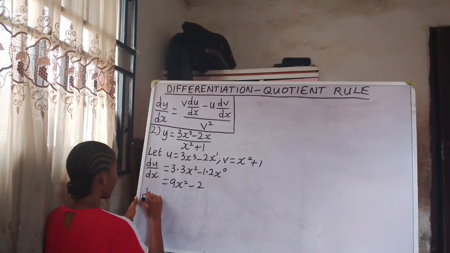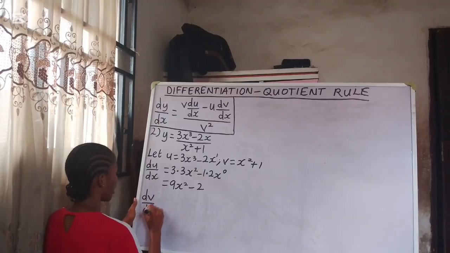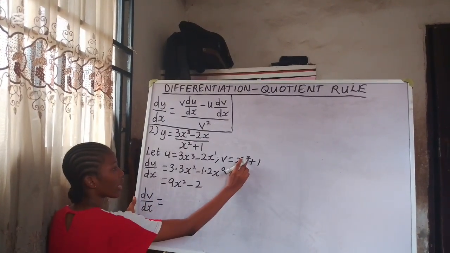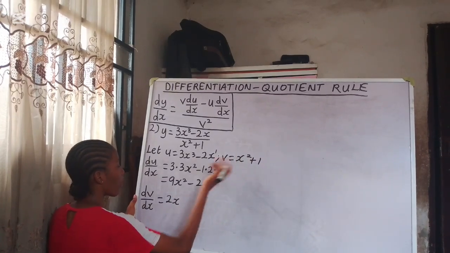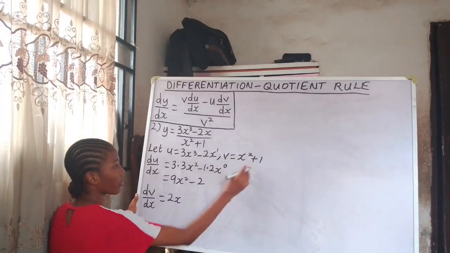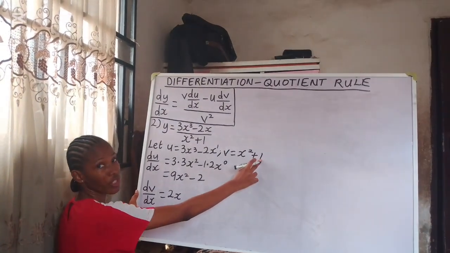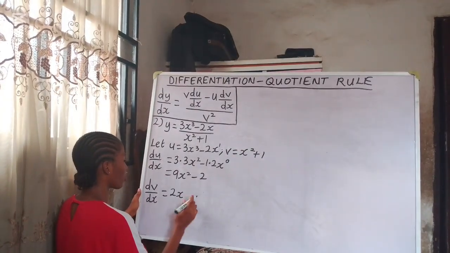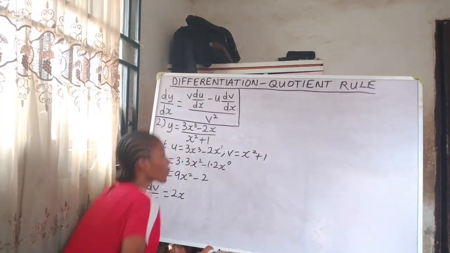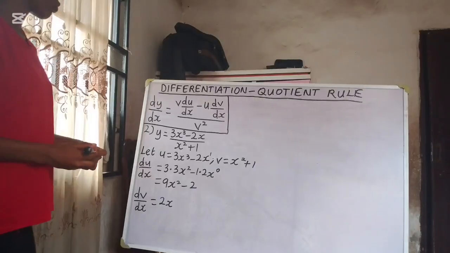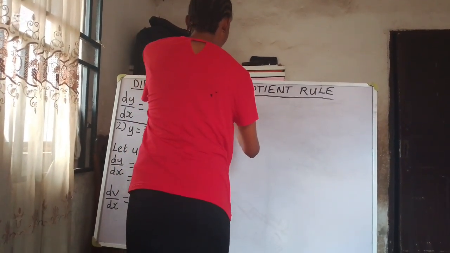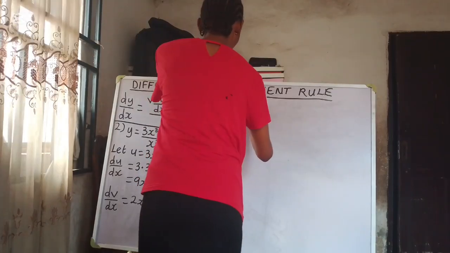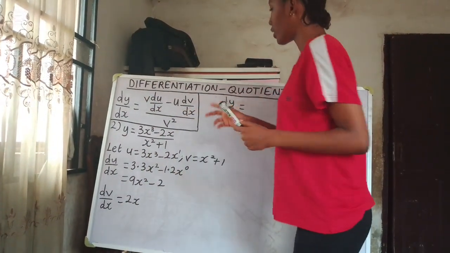Then for our dv by dx, bringing down the power, you have 2x raised to the power of 1, that's just 2x, plus for 1, if you differentiate a constant, it's 0, so this just remains 2x. Putting all these into our quotient rule formula, dy by dx will be equal to v du by dx.